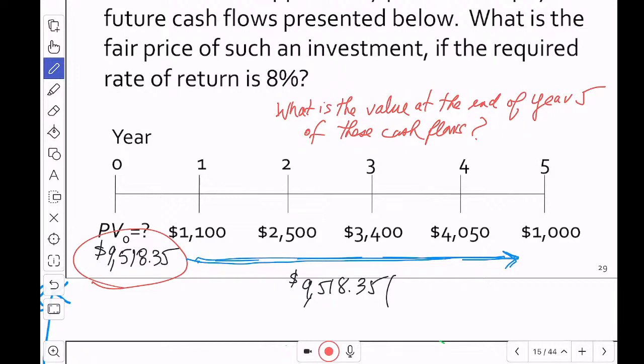But let me make sure this is the right number. Yeah, 35. All right, so you want to do 1.08 to the 5, and you want to find what it is. So in your calculator, you enter 5 into n and 8 into interest, and then present value is 9,518.35 negative.